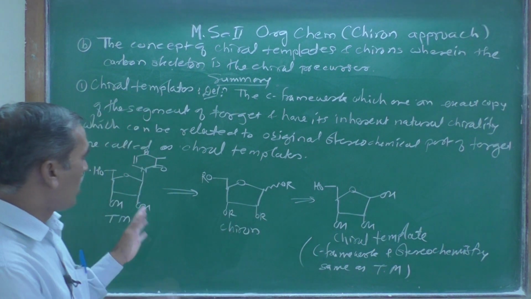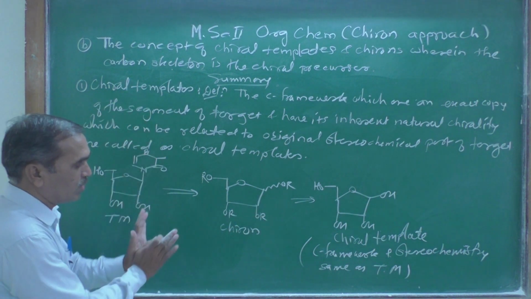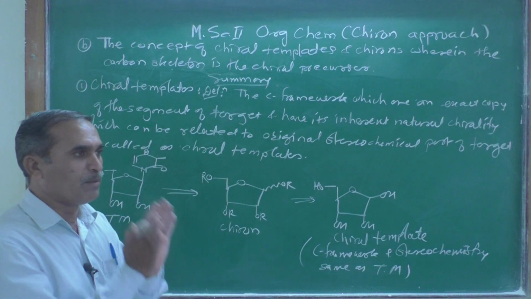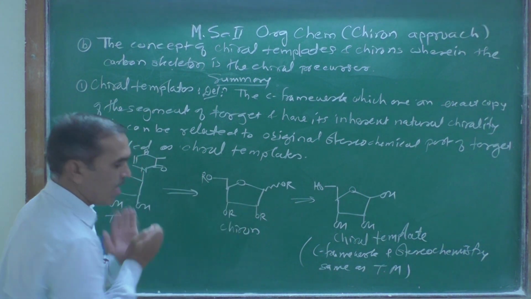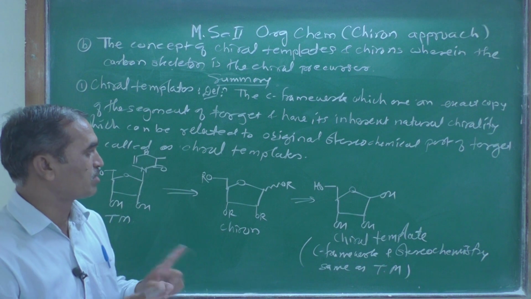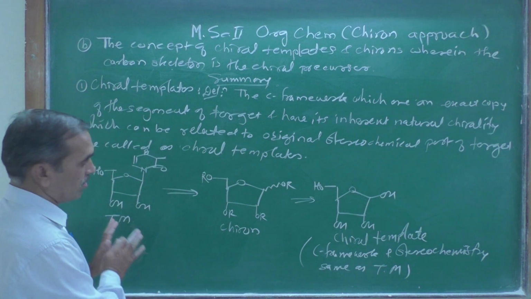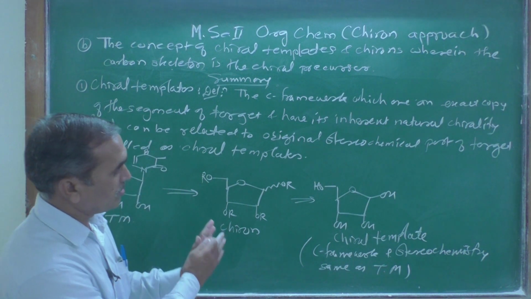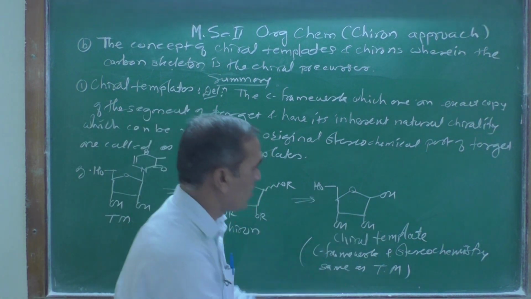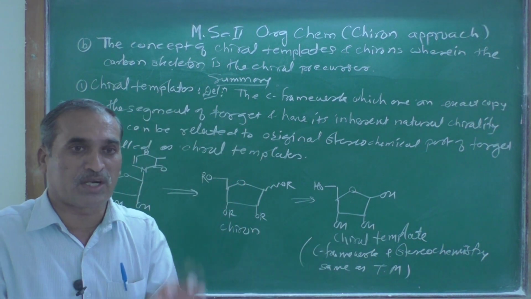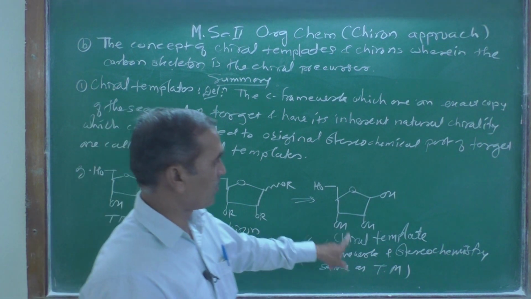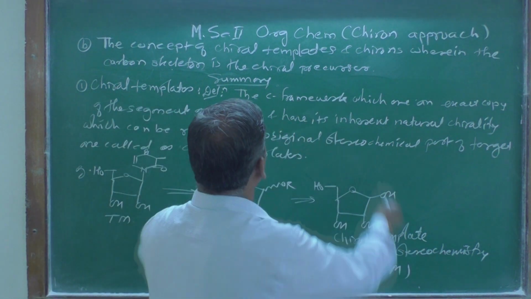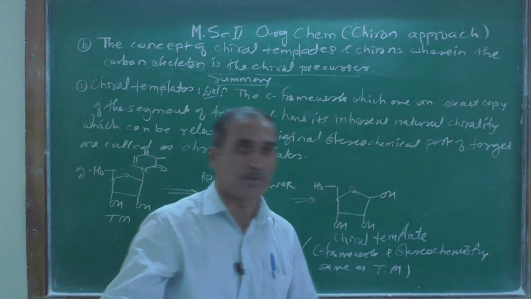Now this target molecule could be made from this chiron, and chiron is another definition we are going to learn. A chiral template is nothing but a chiral precursor. Remember here, chiral template is nothing but a chiral precursor.